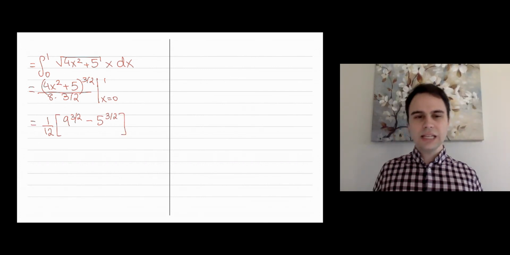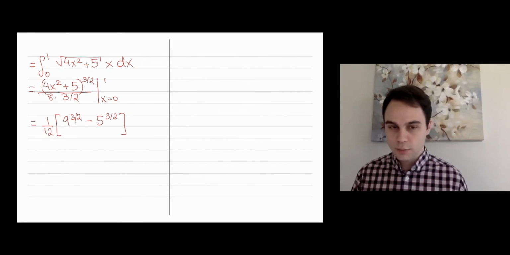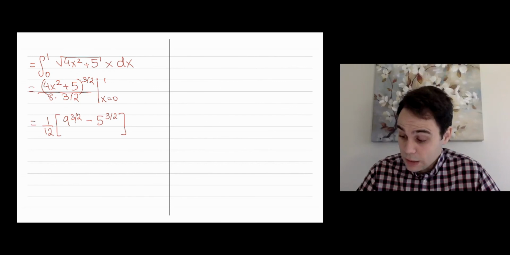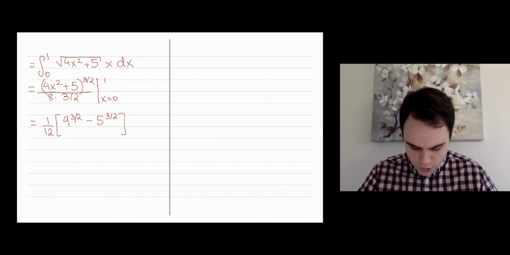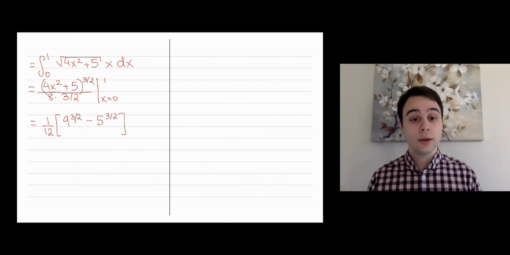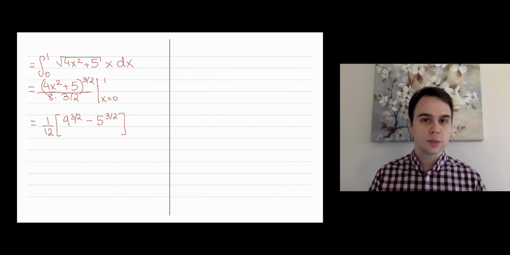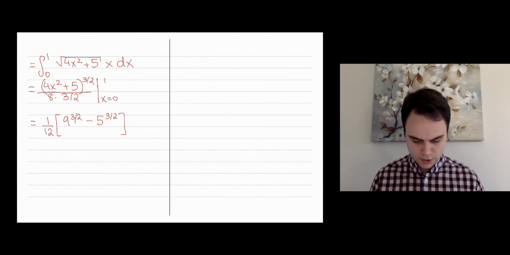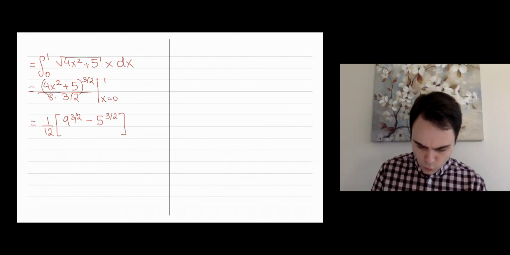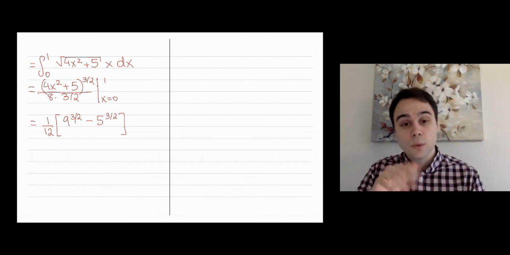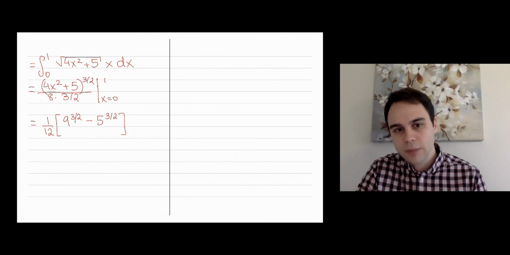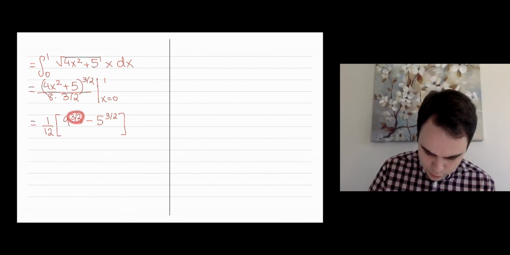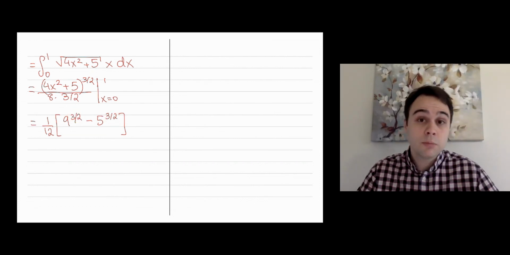Now, the answer is not as good as it could be. This is a number, so you could say that we're done, but we're really not done yet. I believe the expression should be written in as simple a form as possible. What makes me unhappy about this answer is these fractional exponents, which people may not be able to understand.